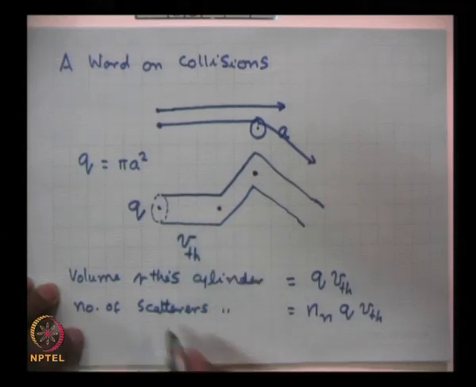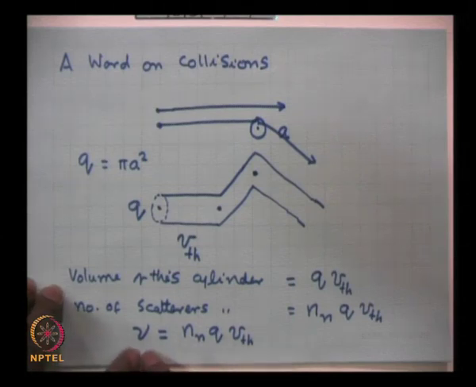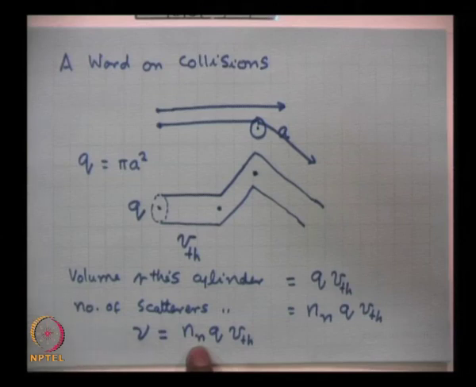So, the collision frequency nu is equal to Nn q into v thermal. This is the collision frequency, a product of density of scatterers into collision cross section of the scatterer into thermal velocity of the electron.